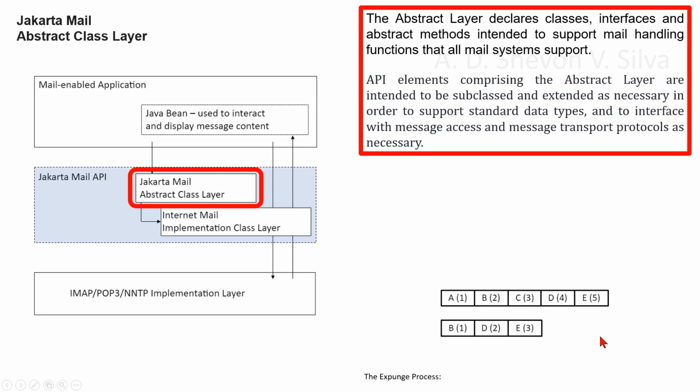Expunge the folder, close it, then reopen and refresh messages from the folder. This ensures that the client was notified of the updated folder state. In fact, the client can just issue a close method with the expunge parameter set to true to force an expunge of the folder during the close operation, thus even avoiding an explicit call to expunge.